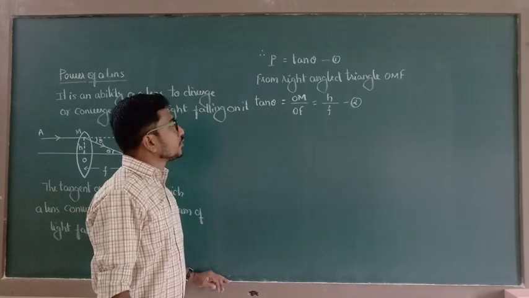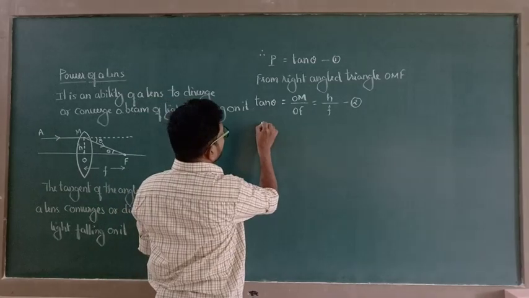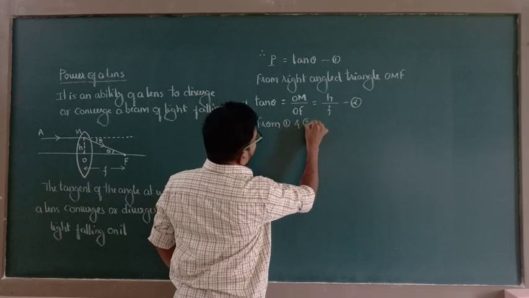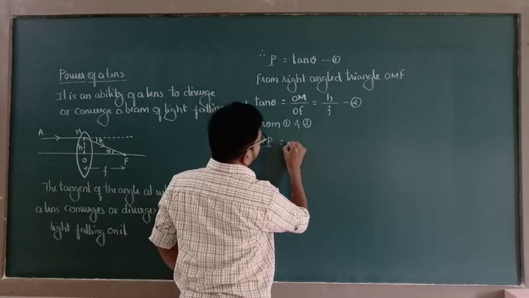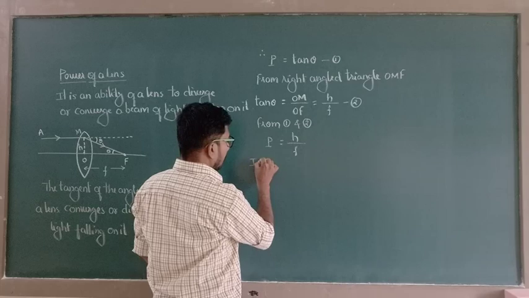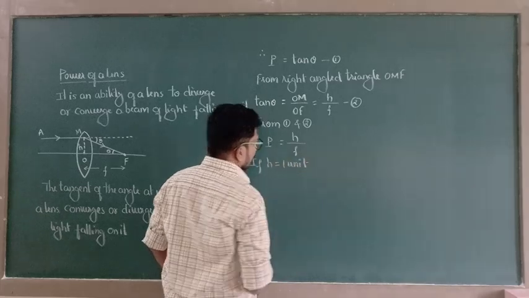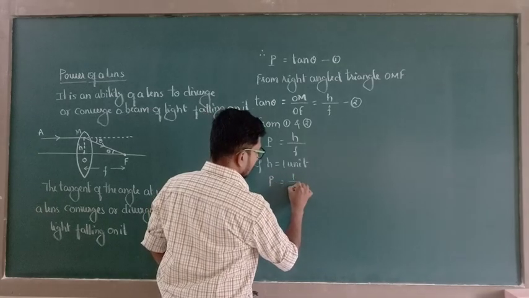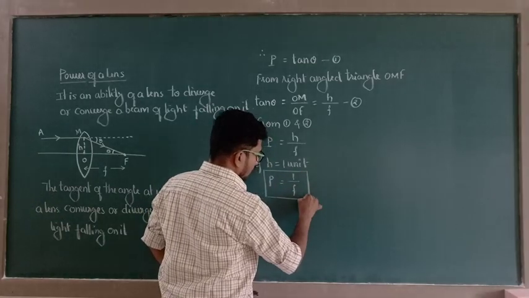From equation 1 and 2, P is equal to tan theta, which is equal to H by F. Therefore, from 1 and 2, we can write power of the lens is equal to H by F. If H is equal to 1 unit, then P is equal to 1 by F. That means it is inversely proportional to focal length.